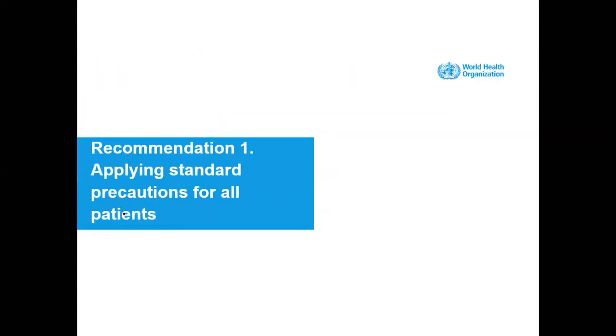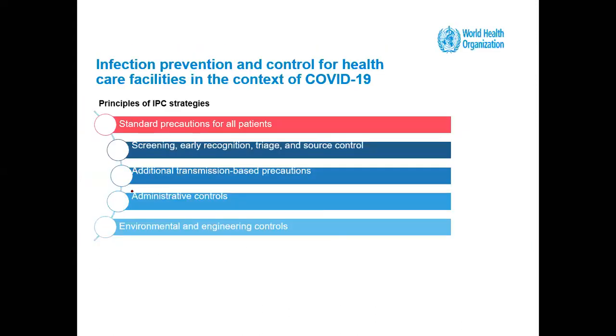يعني خلينا نتكلم عن strategies ونرجع تاني. We have 5 strategies for COVID-19 infection prevention control. الستاندرد precautions for all patients ده اتكلمنا عنه من شوية بالتفصيل. standard precautions for all patients اللي يتم تطبيقه على كل المرضى أو كل الناس داخل المستشفى.